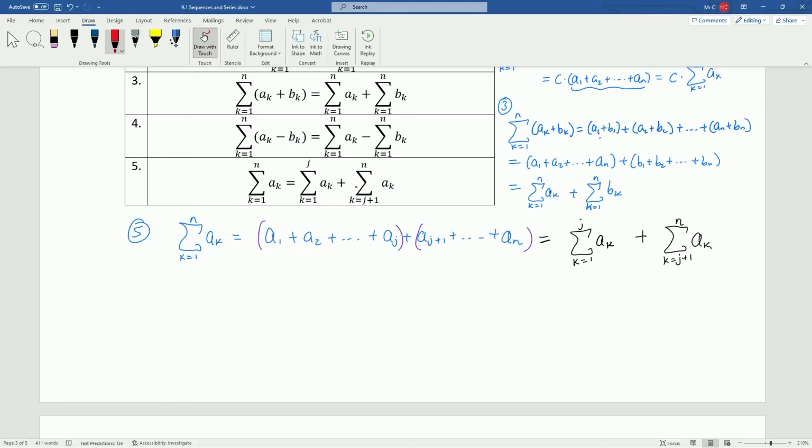That seems tricky, but all we're saying is that if I take my sum and write it out long form, I can add the first j terms, and then add the rest of the terms, and I'll get the same thing if I add those two together. So we took the first j terms and added them together, and then we took all the terms that were left, starting with j plus 1 and ending with n, and we added those together, and that's the same thing.